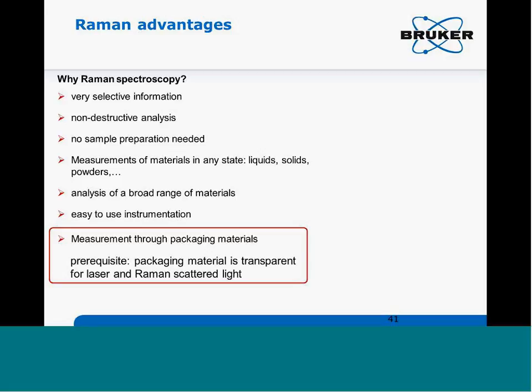Those are all advantages, but a disadvantage is if your sample fluoresces, you may not get a Raman spectrum at all. The biggest enemy of Raman is fluorescence, which is about 1,000 times stronger than the Raman signal. So if your sample fluoresces, you have to switch to infrared.